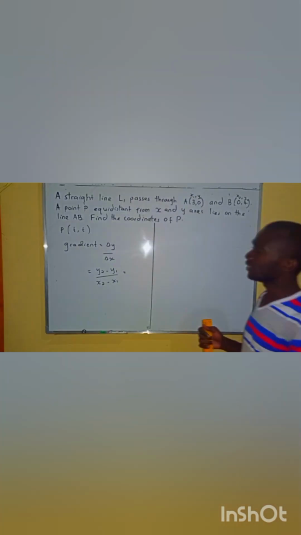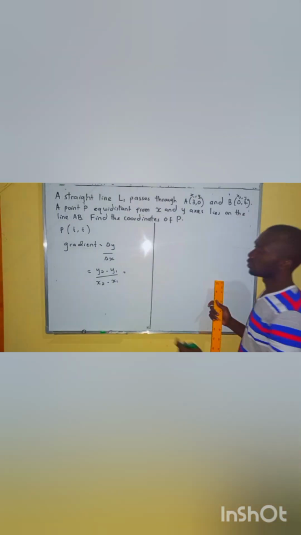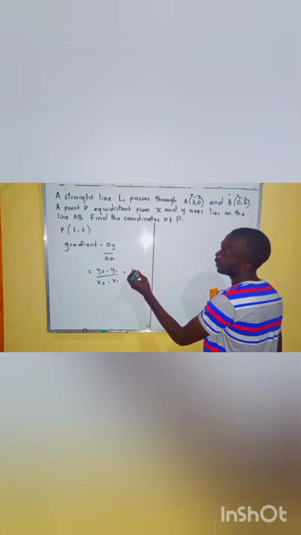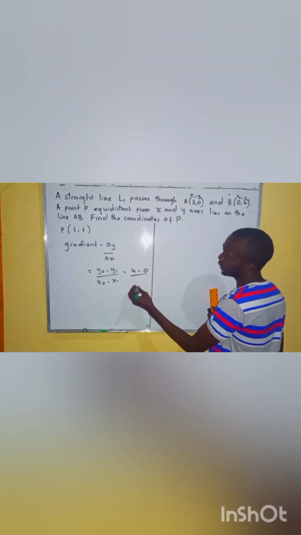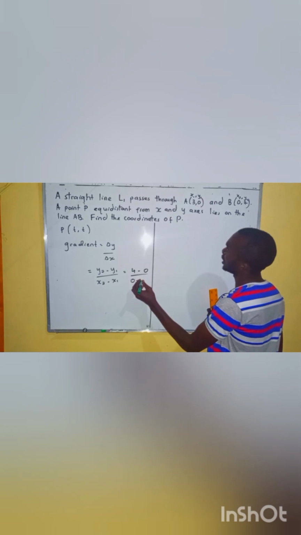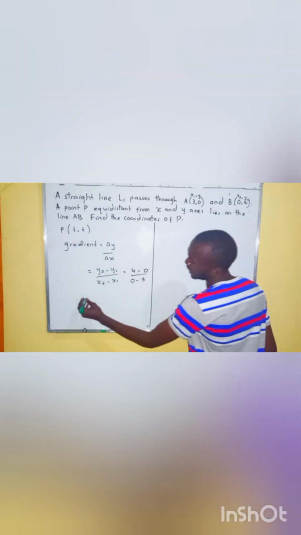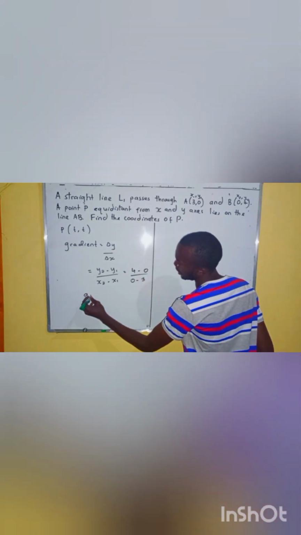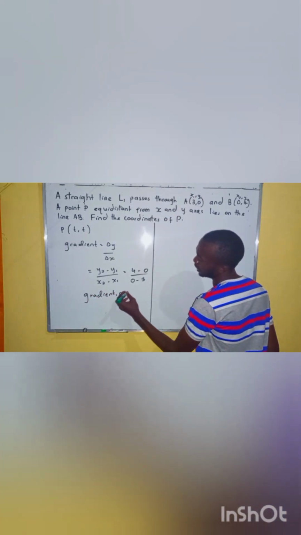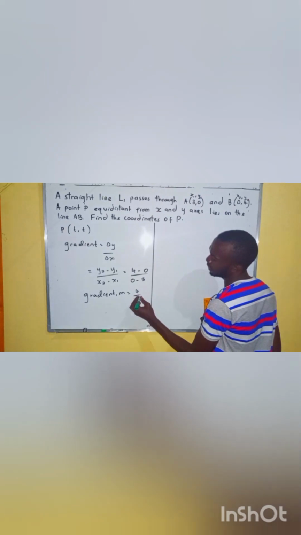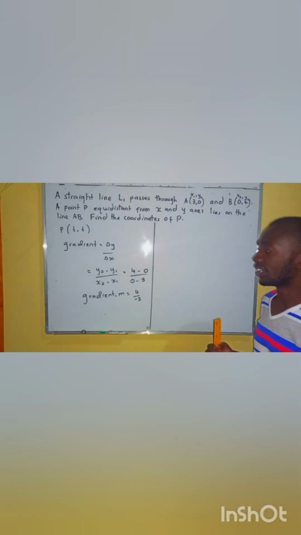The y2 here is 4, minus y1, which is 0, over x2, which is 0, minus x1, that gives you 3. So the gradient of the line, let me denote it as m, is equal to 4 over negative 3. So that is the gradient of the line.